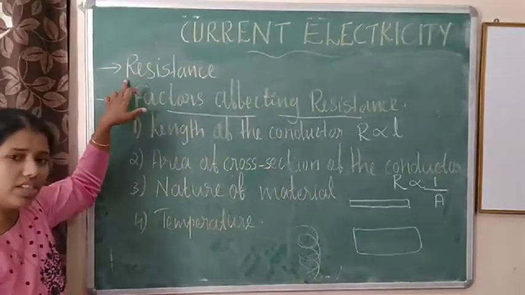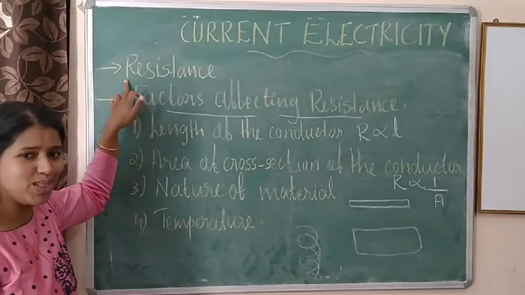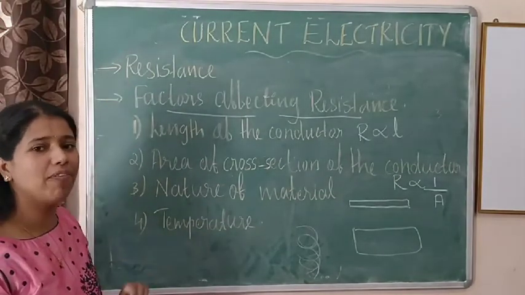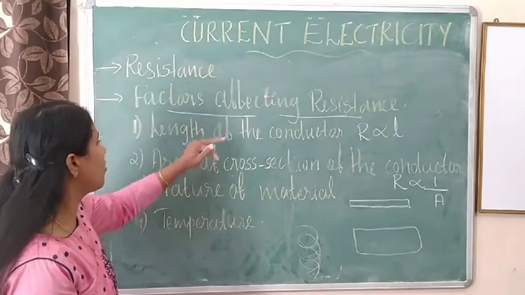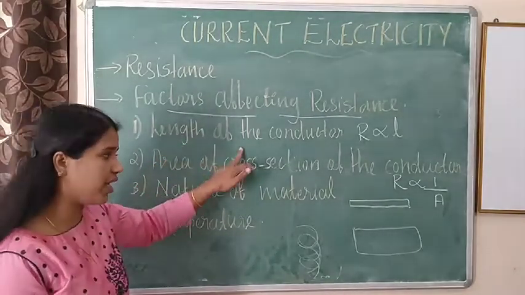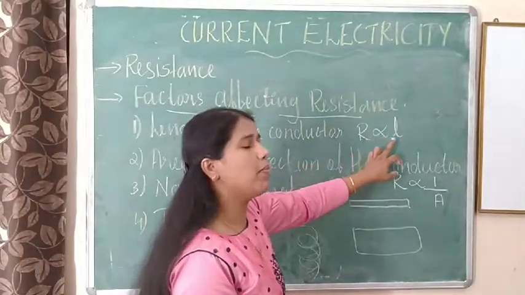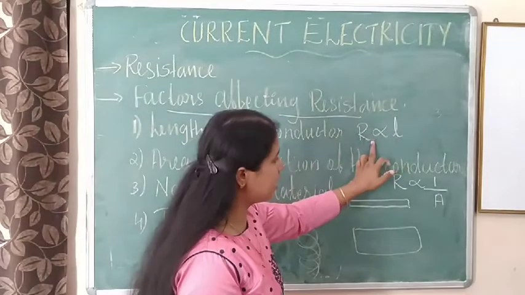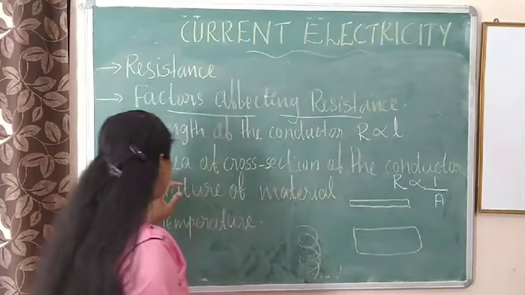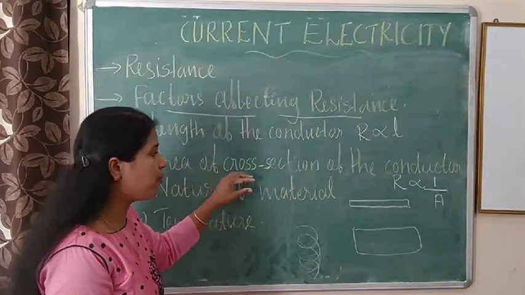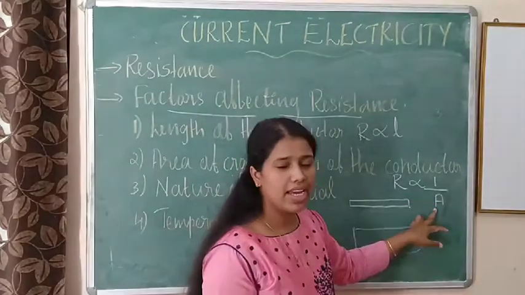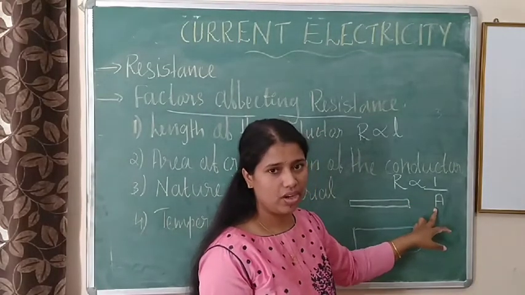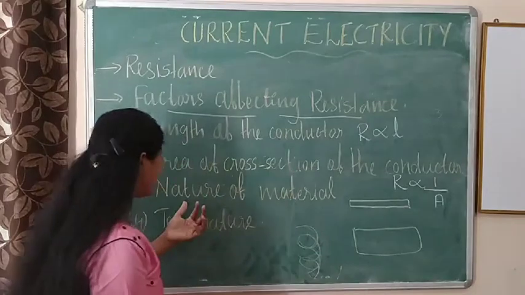So today's topic: resistance is a property of a conductor which opposes the flow of current. Factors affecting it: first, length of the conductor, R directly proportional to L, so resistance increases as length increases. Second, area of cross section: R increases when area decreases, and the opposite also.